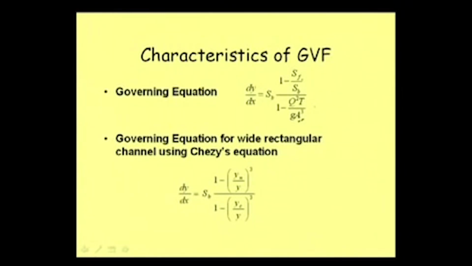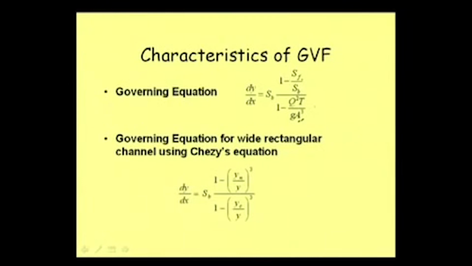Of course, it has different forms, and as we explained in the last class, for analyzing characteristics of different types of profile, we can have this form in a simpler way, in terms of the normal depth of flow, critical depth of flow, and the depth of gradually varied flow at any section.